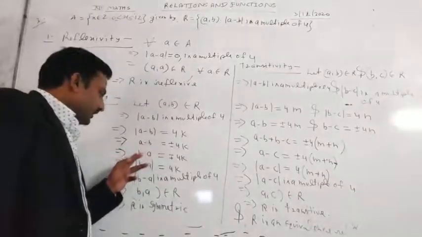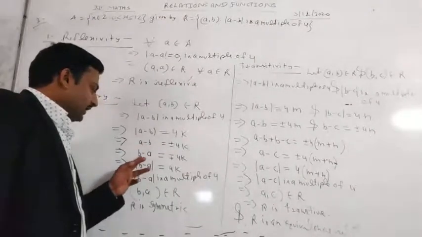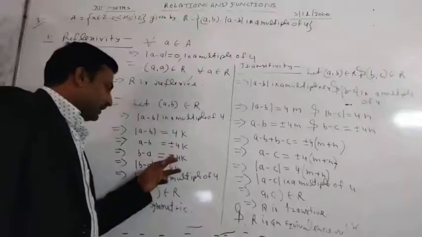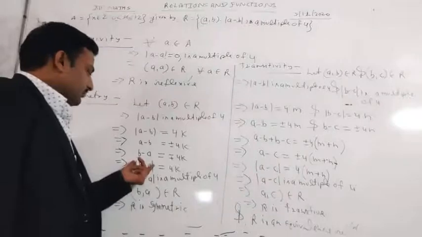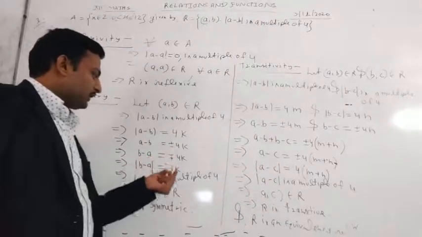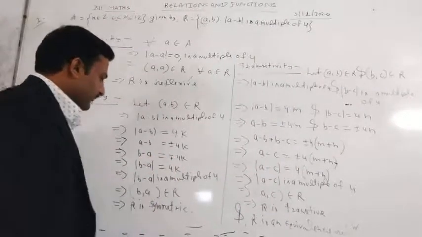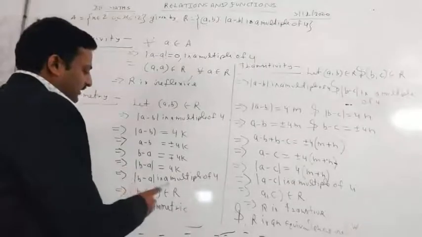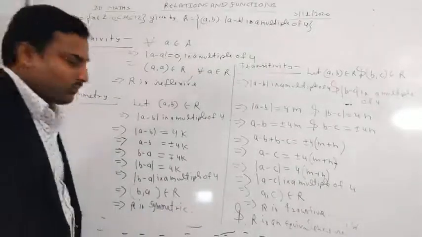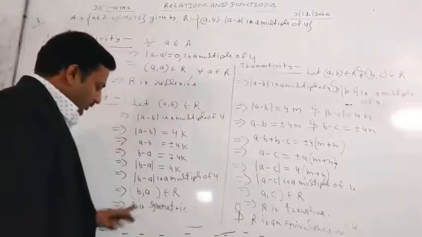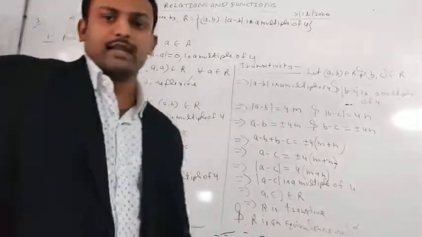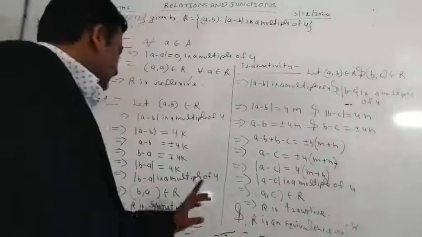Taking minus common from B minus A changes minus to plus. Now taking the modulus sign, we remove the plus minus and write 4k. So modulus of B minus A is a multiple of 4. This implies (B, A) belongs to R. So R is symmetric.